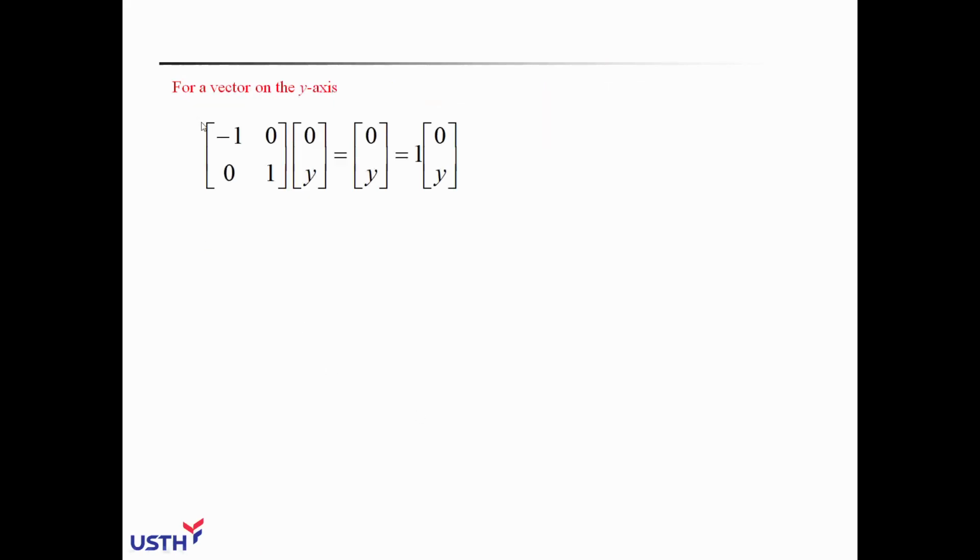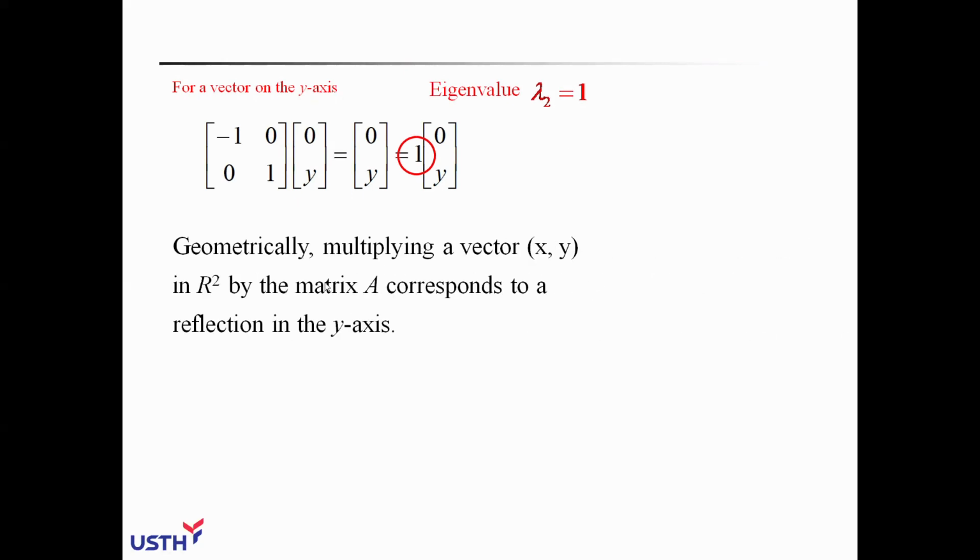Then if you consider a vector on the y-axis, we get that one. Again with that, and because of that, that will be an eigenvalue lambda 2 equal 1. And you can see, if you look at it geometrically, if you take any vector (x, y) in R2 and multiply by the matrix A from the left, what do you get?